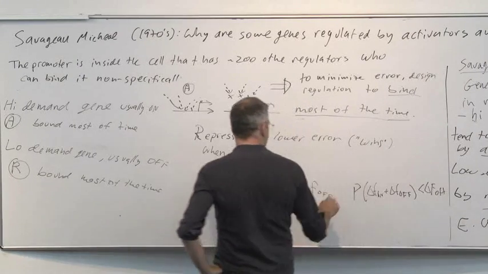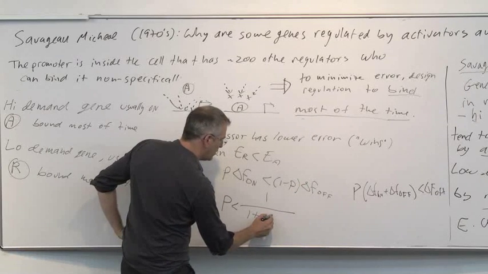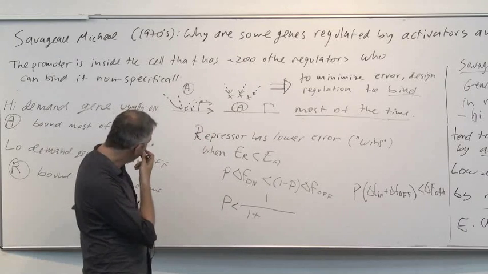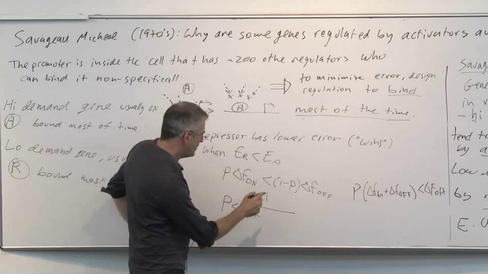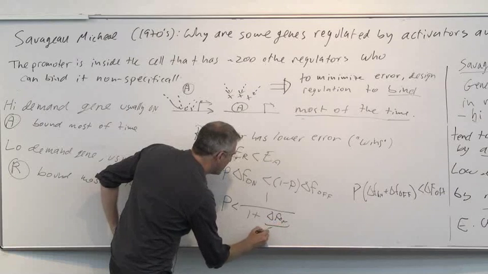So I think it comes out that P has to be less than delta F off divided by (delta F on plus delta F off).